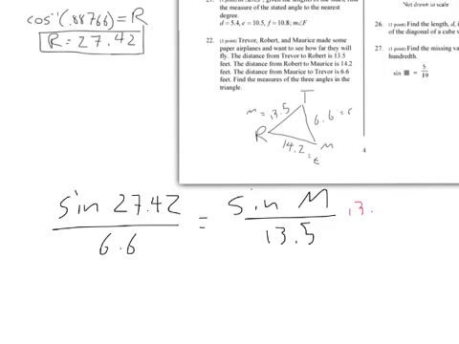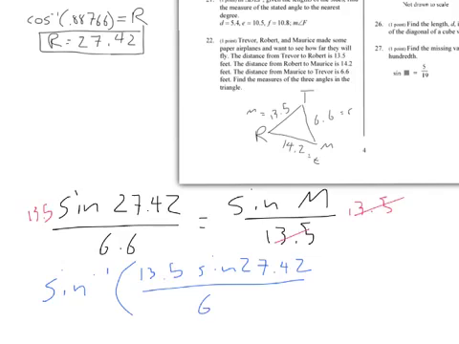Multiply both sides by 13.5, so that cancels out. Take the arc sine of both sides to get m all by itself. So you get arc sine of 13.5 times sine 27.42, all over 6.6. That will equal my m.